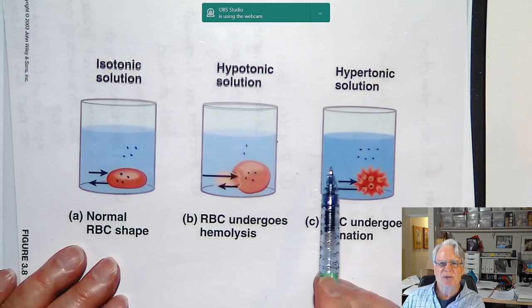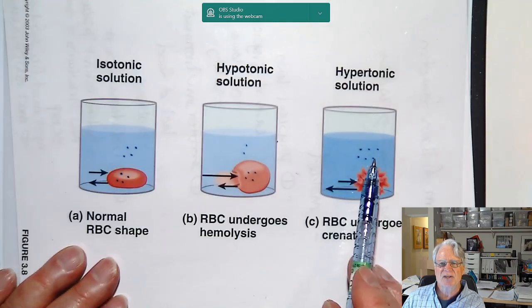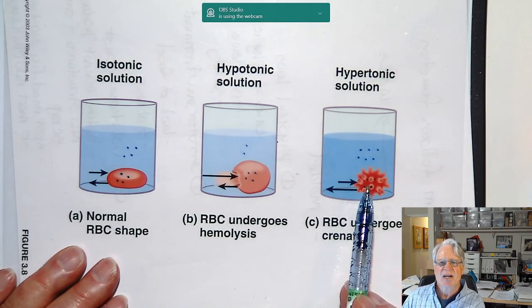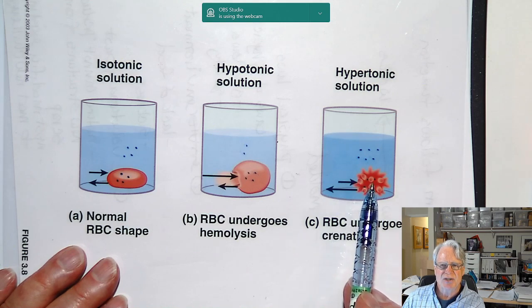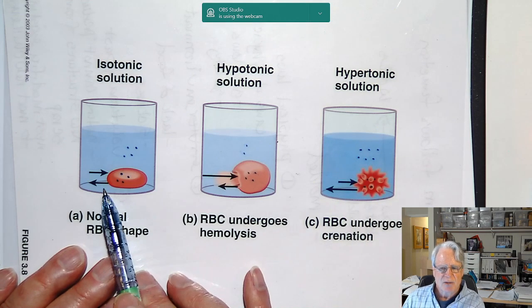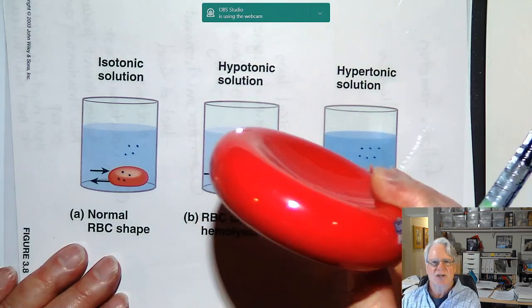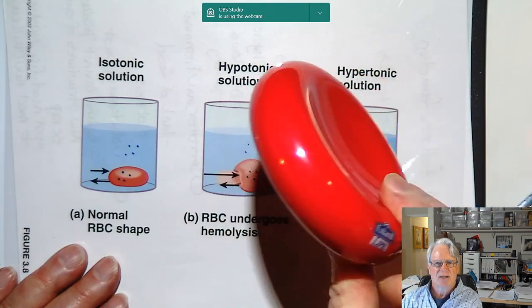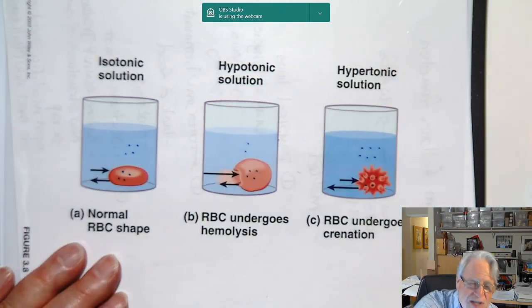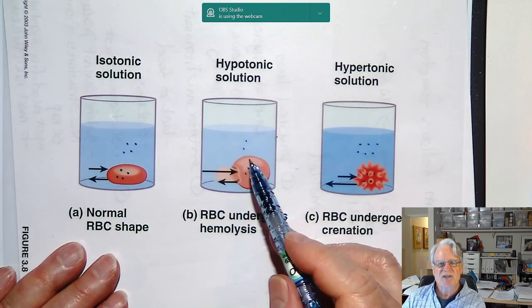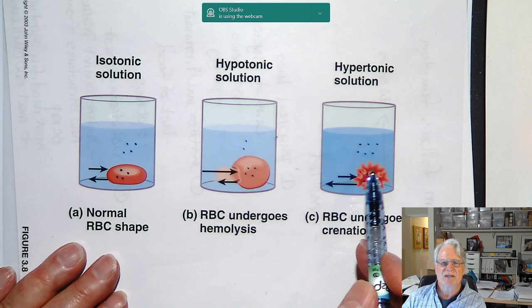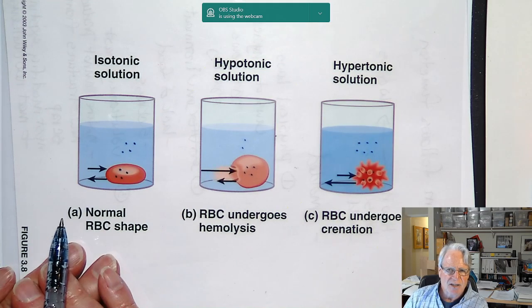And the last example is the hypertonic. So I've got 6 out here, only 4 here. Water's flowing out, the cell shrinks, it's losing its shape. Remember, this is what we wanted. This is the shape we wanted. That's the normal shape. That's the way it's designed to be functional. If I change that shape in either of these conditions that's happening, I'm not going to get a functional cell.